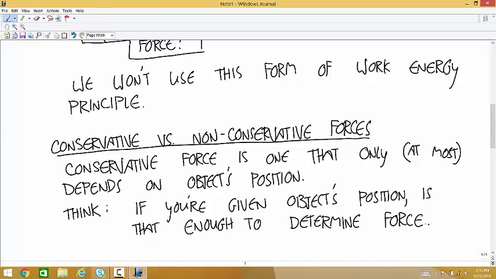So weight is conservative because if I tell you where it is, you can figure out what the force is. In fact, that's more information than you need. Gravity applies a force of 5 times 9.81 down no matter where this is, right? So gravity is conservative.